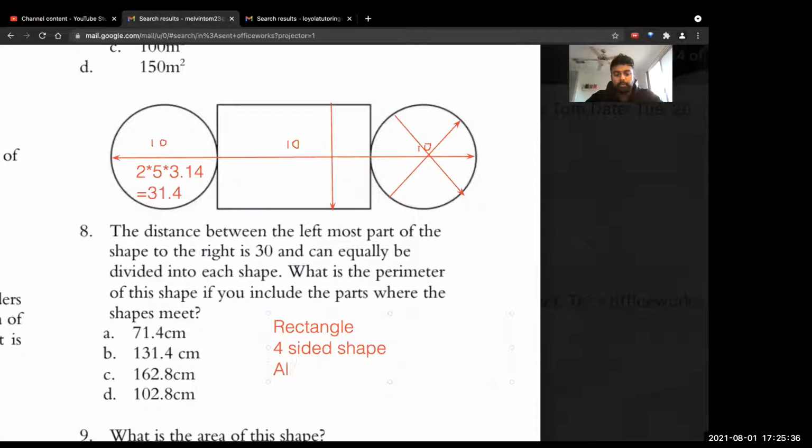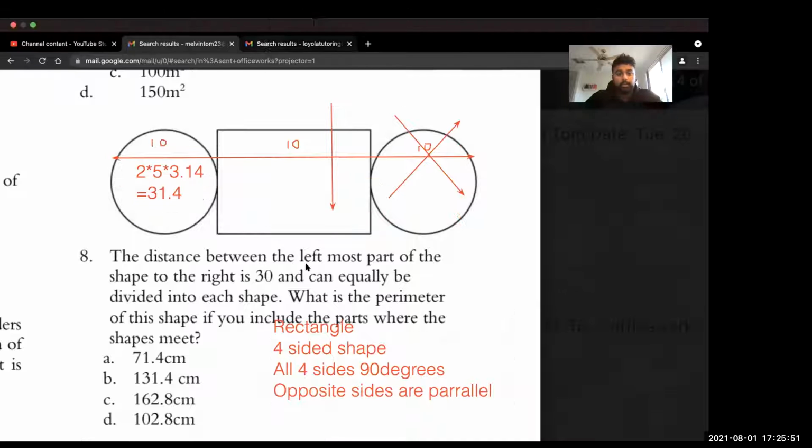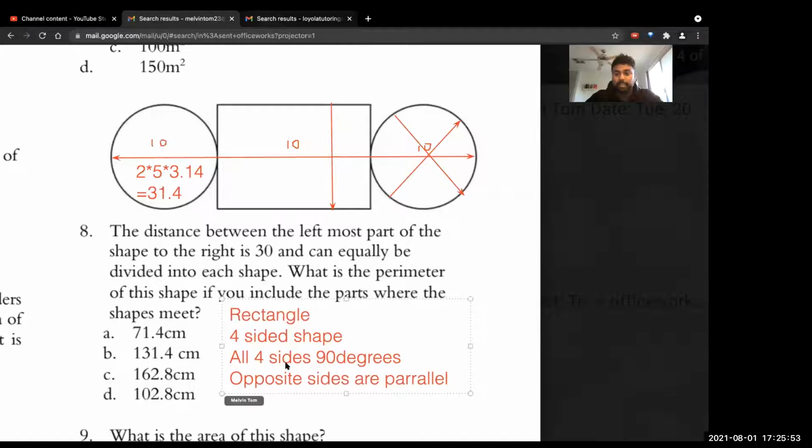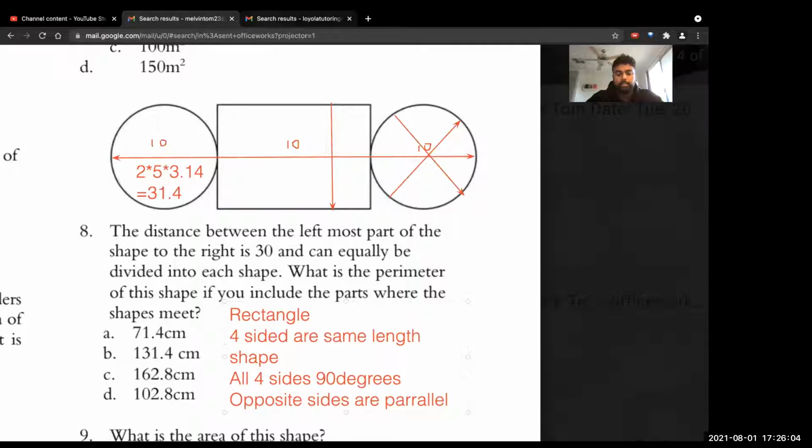It needs to have all four angles 90 degrees, and opposite sides are parallel. Now, a square is the exact same thing as a rectangle. The only difference is all four sides are the same length. Do you understand?